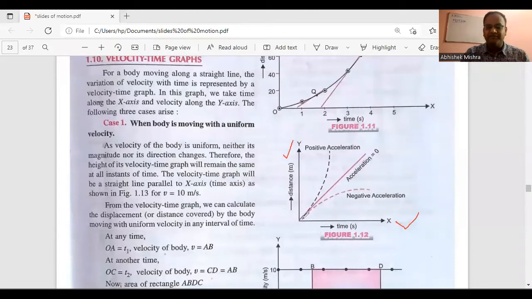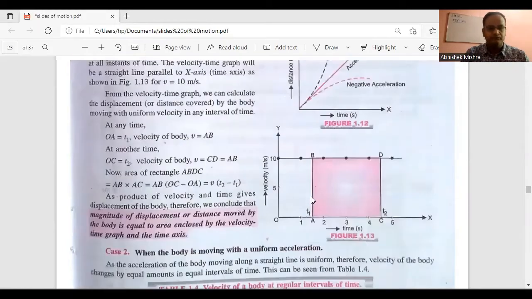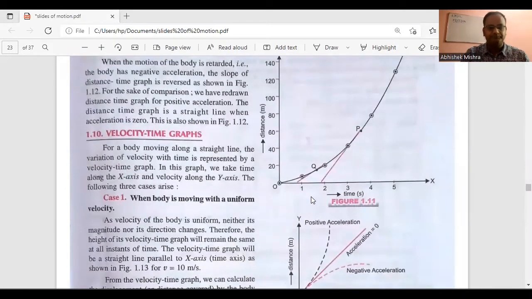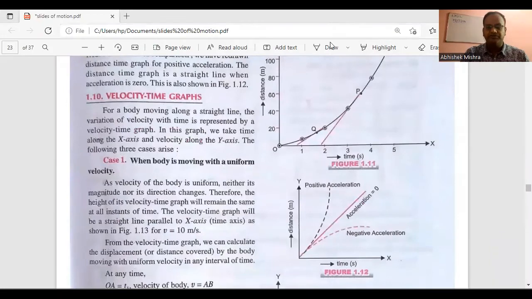For negative acceleration, we have this line, this part.